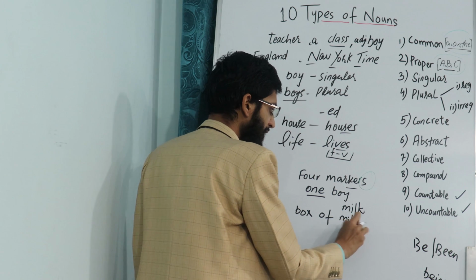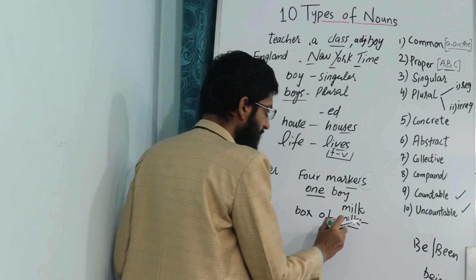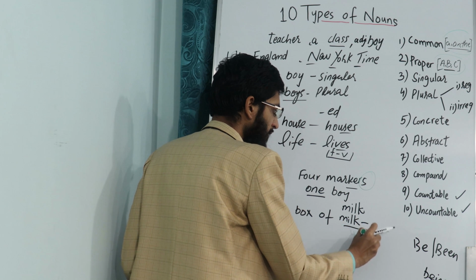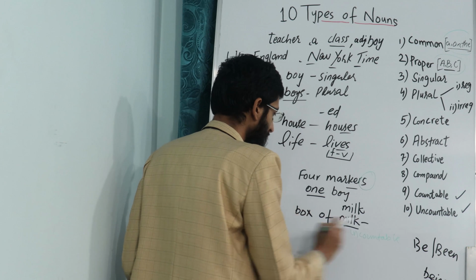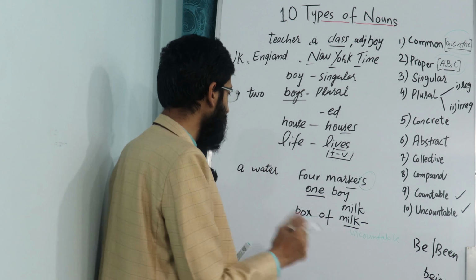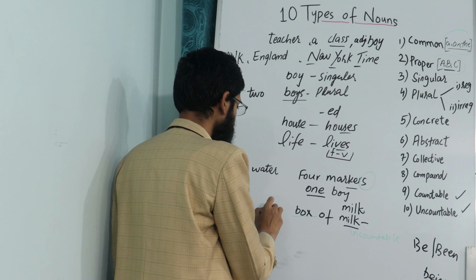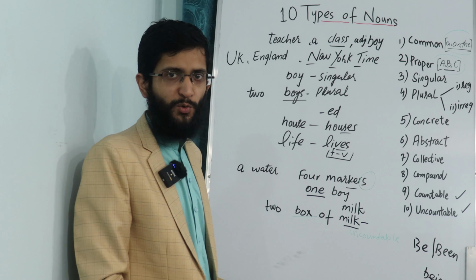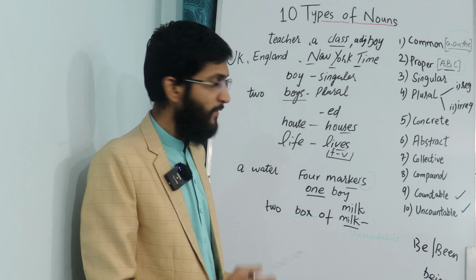Milk itself is an uncountable noun, but when you add box, this is countable. You can count boxes. Then you would say 2 boxes or 2 packets or 2 bottles of milk.